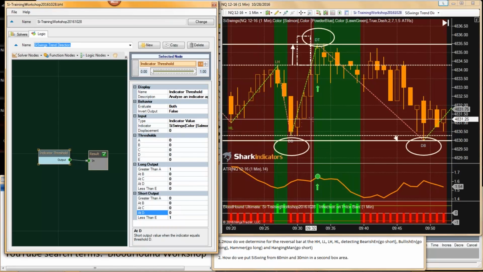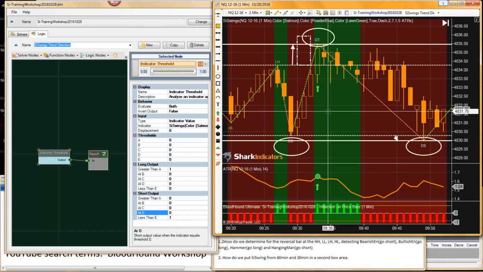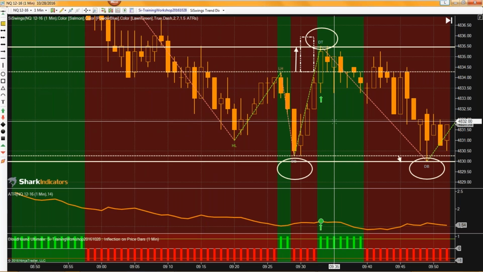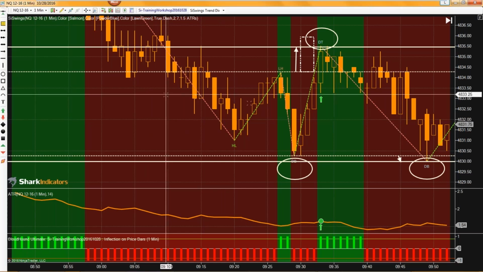Now, I'll just point this out real quick. This indicator cannot predict the future. We don't have indicators that predict the future.